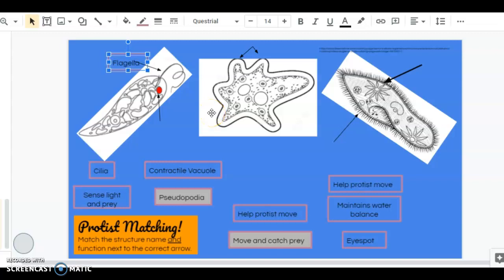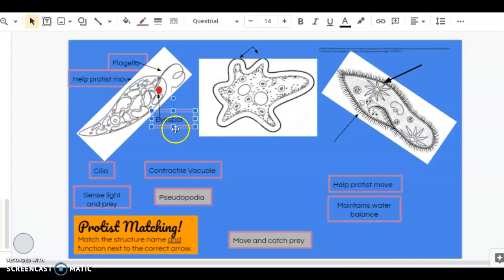What does flagella do? Well, it helps the protist to move. This red spot is heavily pigmented, so it can sense light. But what is it called? Well, just like our eyes help us detect light, it is the eye spot.